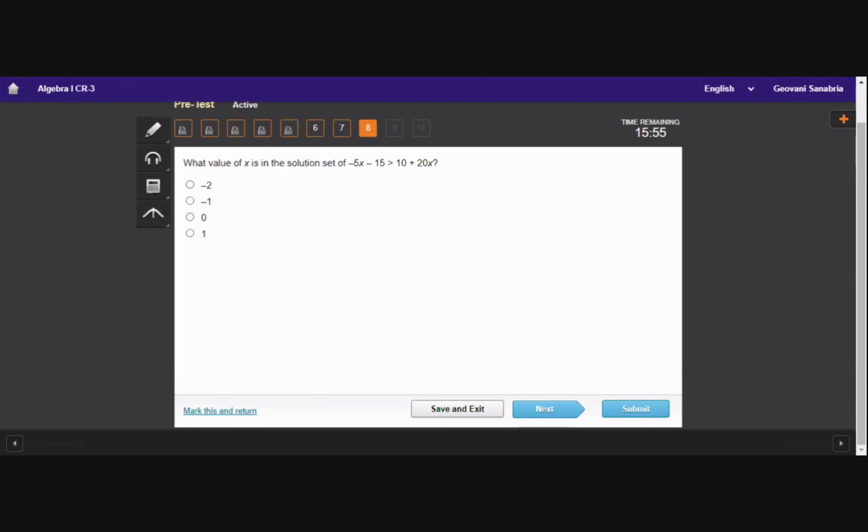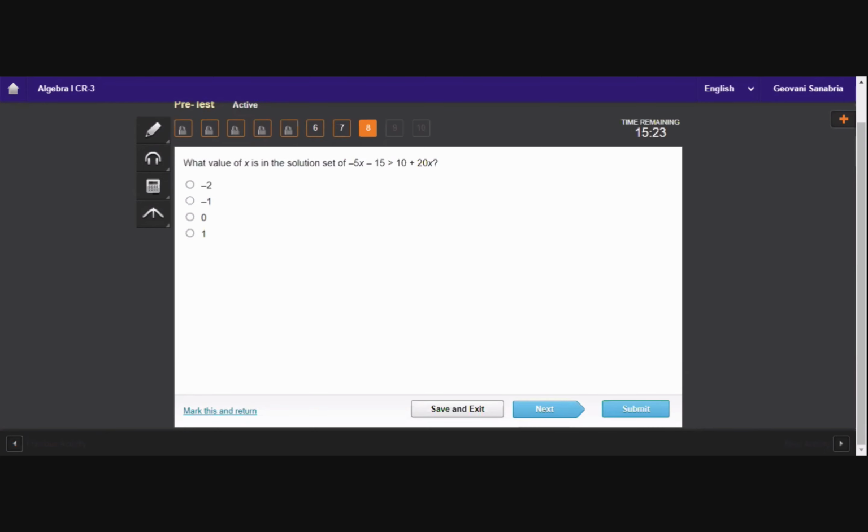Okay, now I'm going to subtract the 10. Because it's a positive 10, so you do the opposite. So minus 10, and then minus 10. I got negative 25. Yep. So read it all out. Negative 25 is greater than positive 25x.